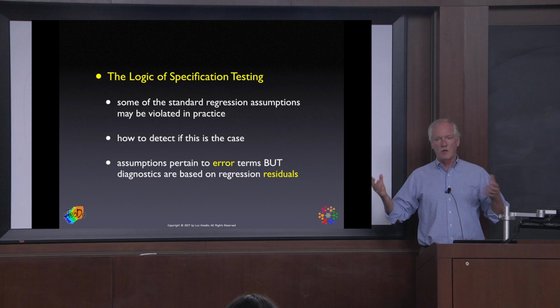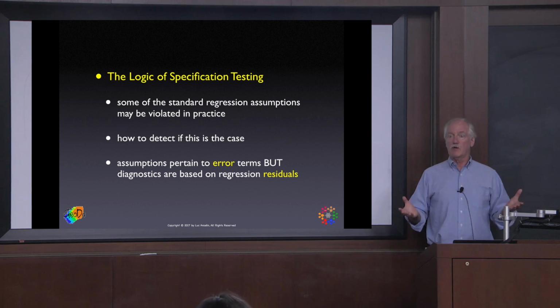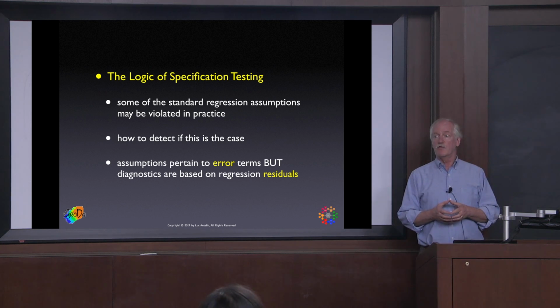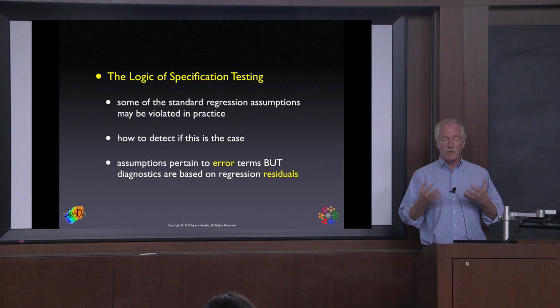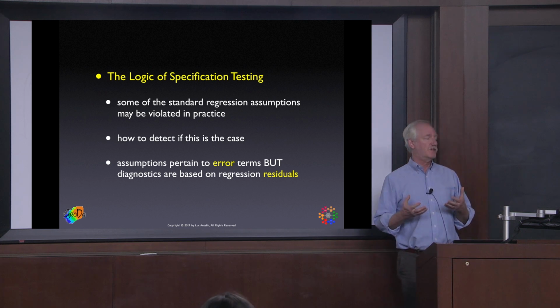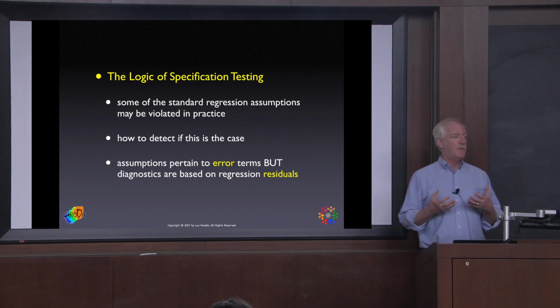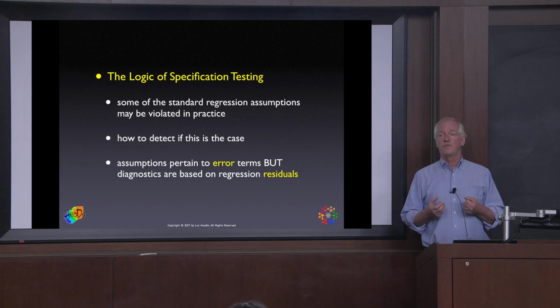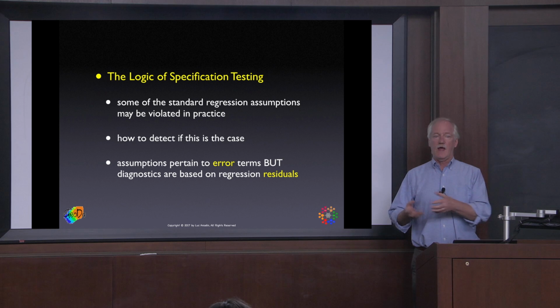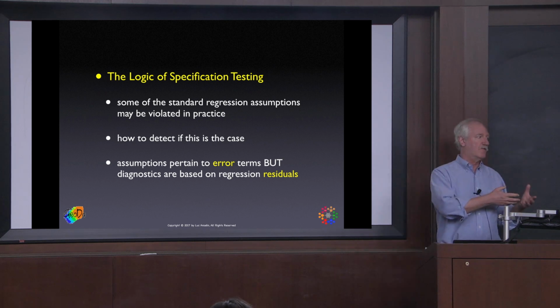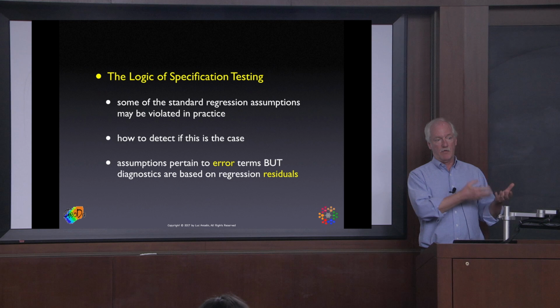But the error term we actually cannot observe. What we can observe is the difference between observed and predicted, which is the residual. So the critical aspect of specification testing is to establish a formal connection between something that we compute for residuals and something that is relevant for the unobservable error terms.